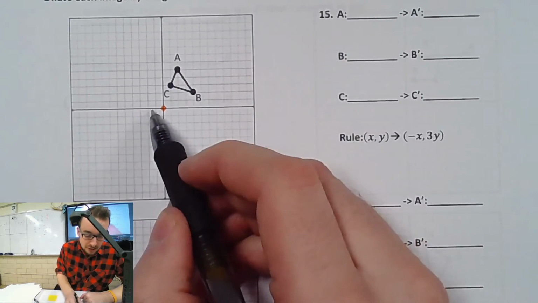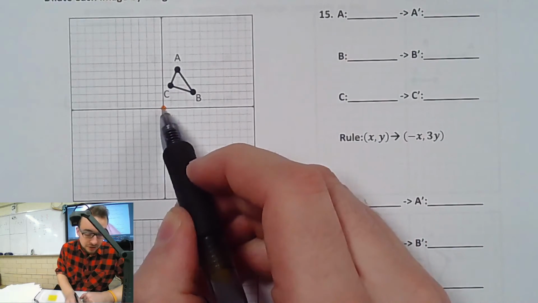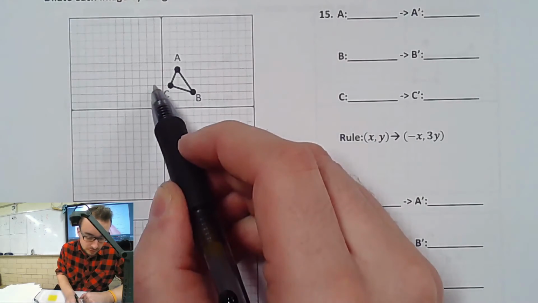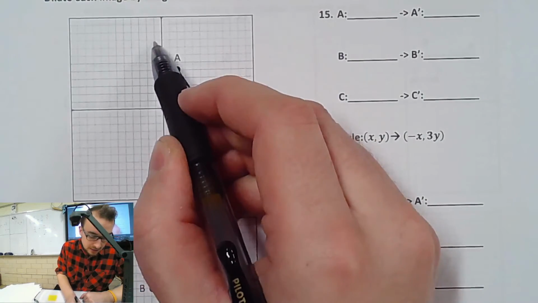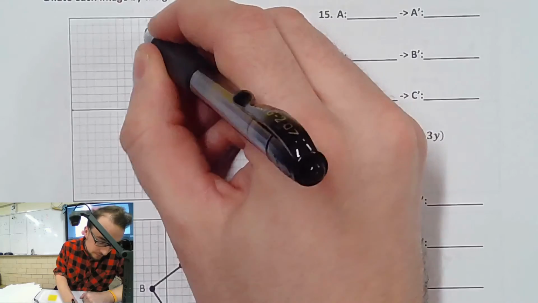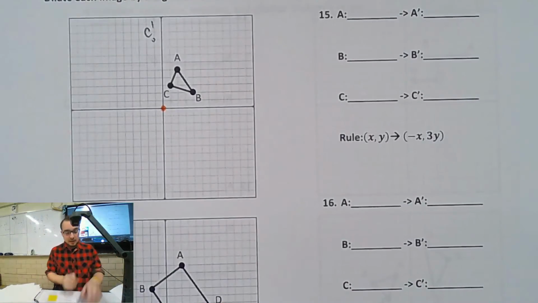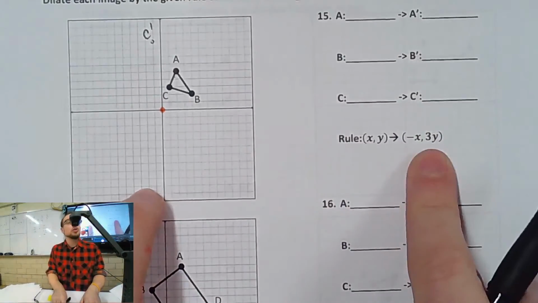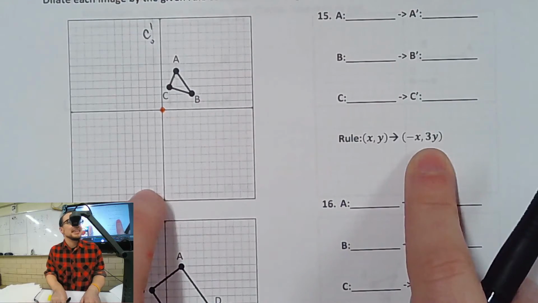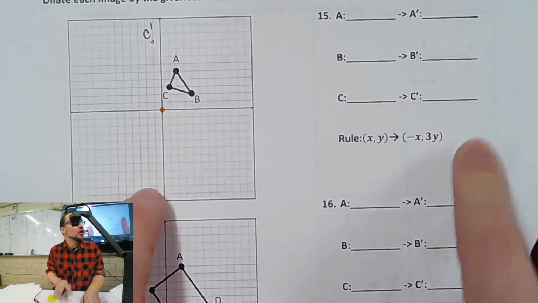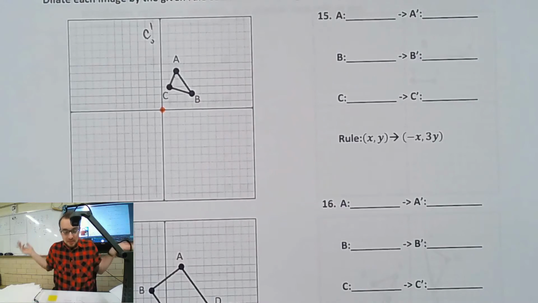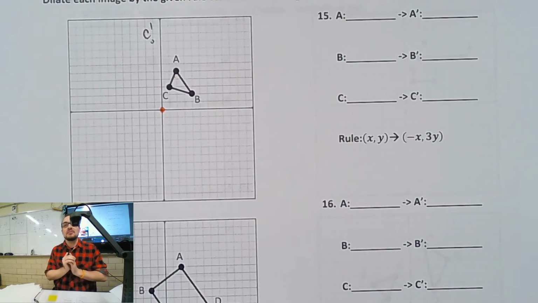So how far is it going to be apart vertically now? 9. So it's 1 to the left and 9 up. 1, 2, 3, 4, 5, 6, 7, 8, 9. There's C prime. If you don't like that, write all those points down and then do the rule to it. Negate the first number, triple the second number. And then plot your points. Do it for all of them.